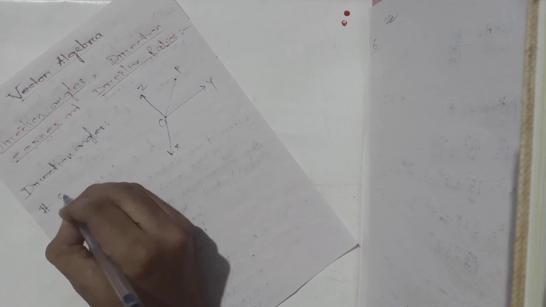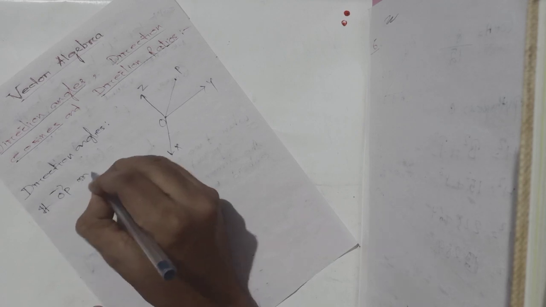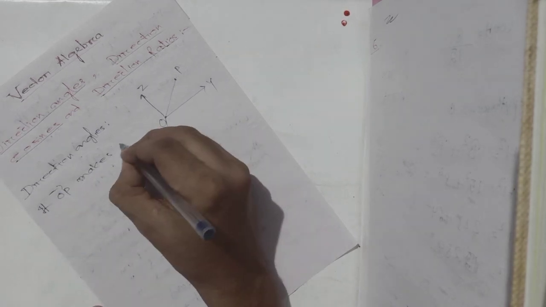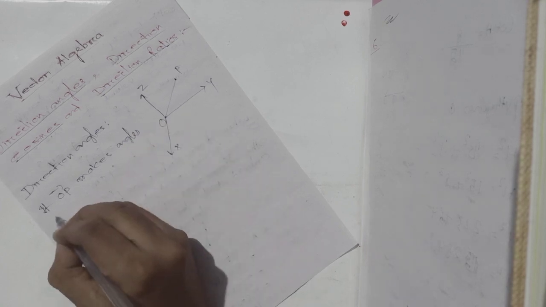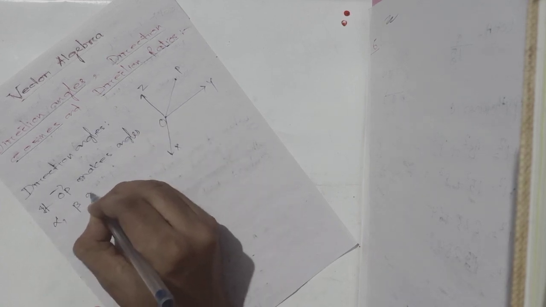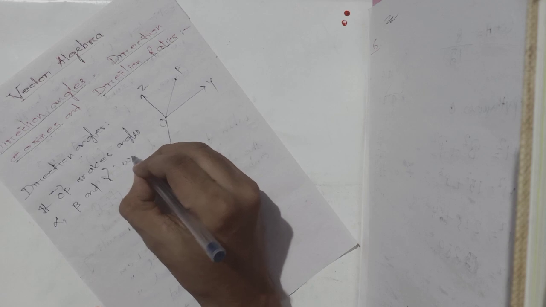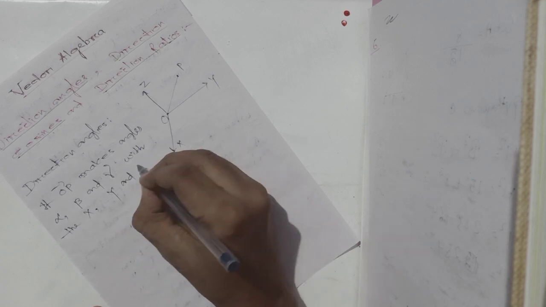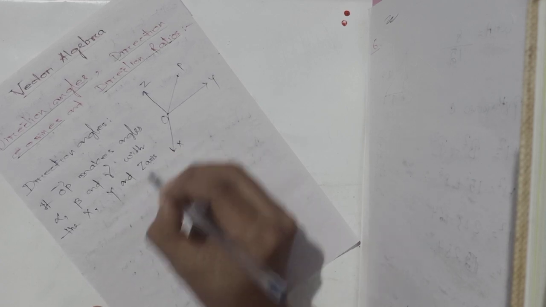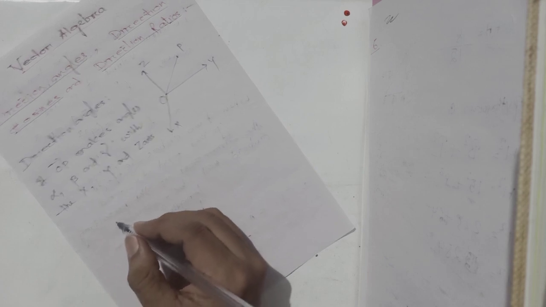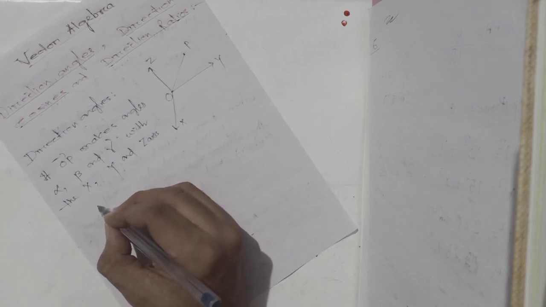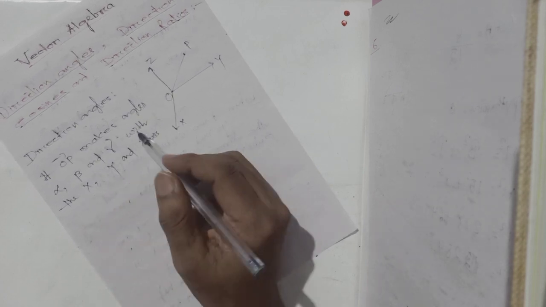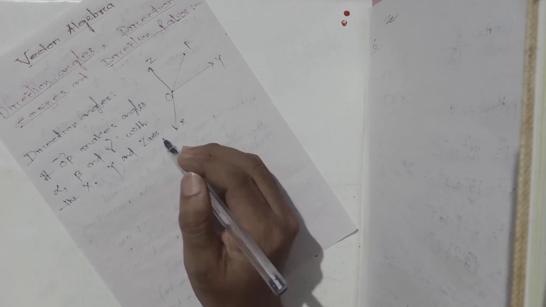So if the OP vector makes angles alpha, beta and gamma with the x, y and z axis, then these angles are called the direction angles.